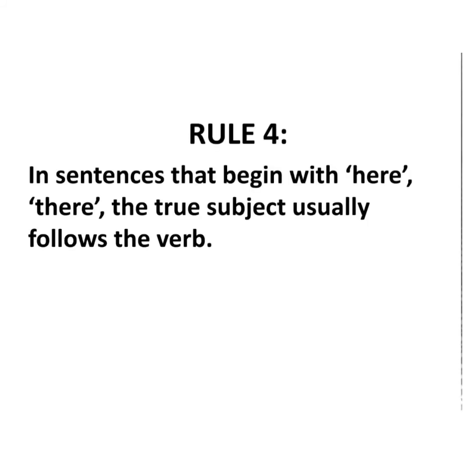Rule number 4. In sentences that begin with here or there, the true subject usually follows the verb. So when you have sentences that begin with here and there, you must look at the subject and see if it is plural or singular. Then you must place the proper verb.